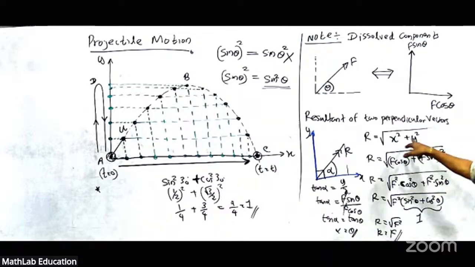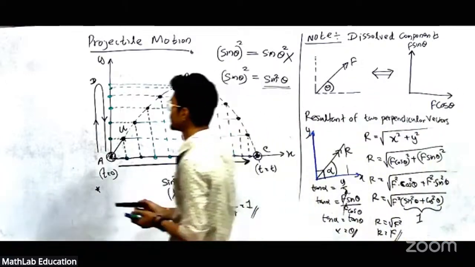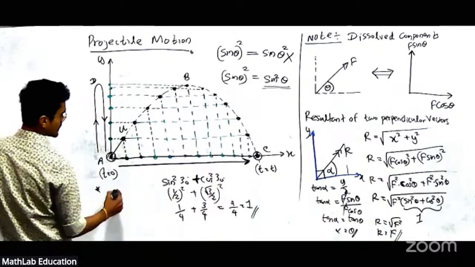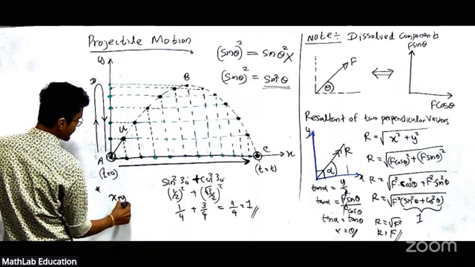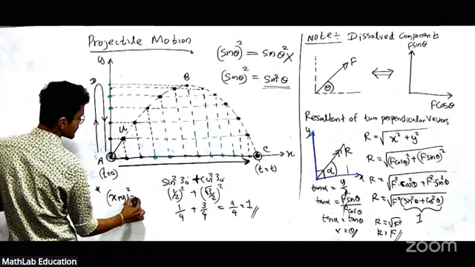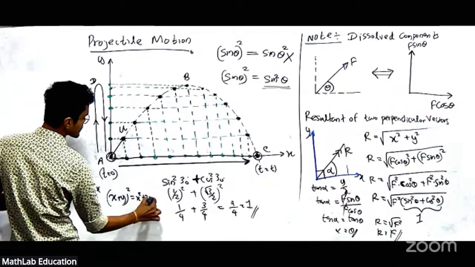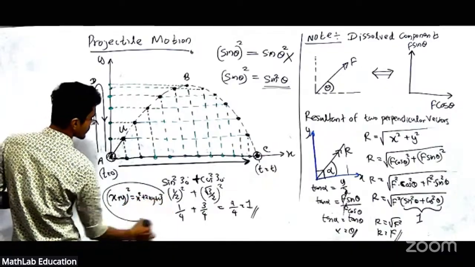Root x squared plus y squared. No. X plus y whole thing squared is x squared plus 2xy plus y squared, not x squared plus y squared.